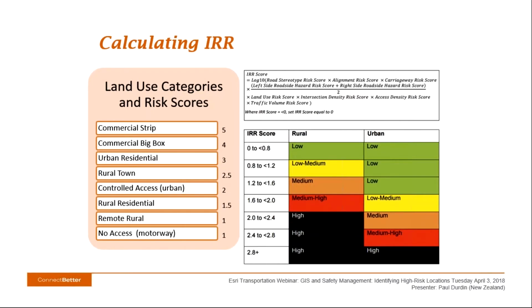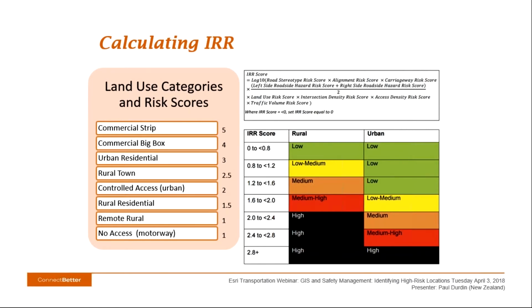Here's an example of the land use categories and risk scores. These scores are based on interactions with adjacent land use. So a commercial strip shopping area has a lot of access points, a high number of pedestrians and cyclists, and therefore a high score. Whereas a remote rural road with few access points and very few active road users has a low score.